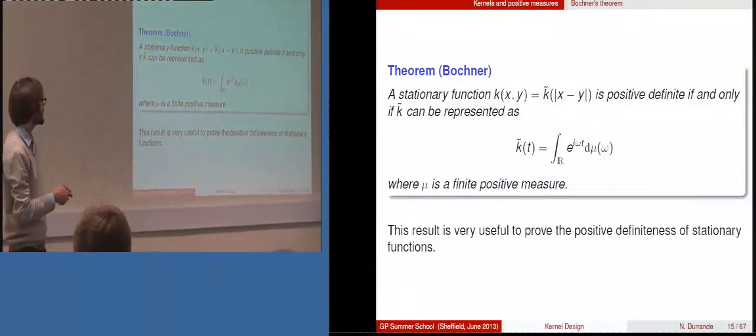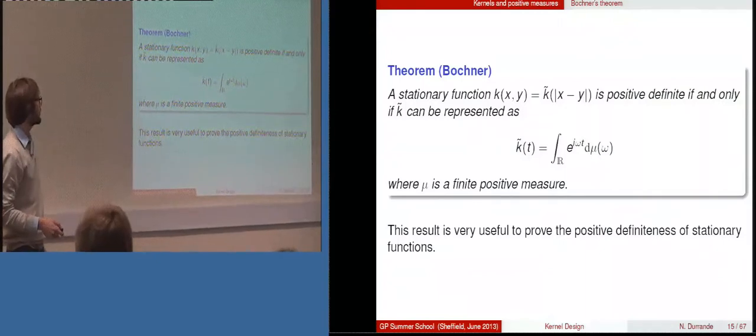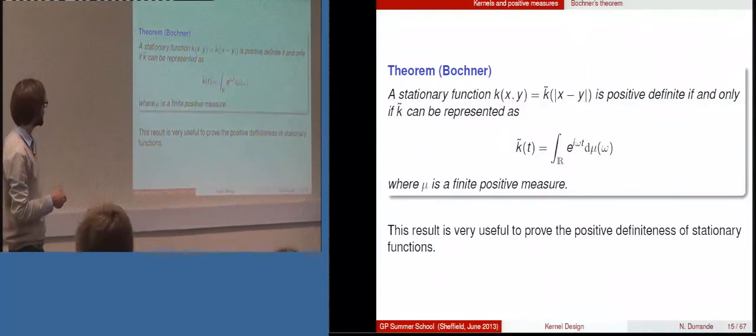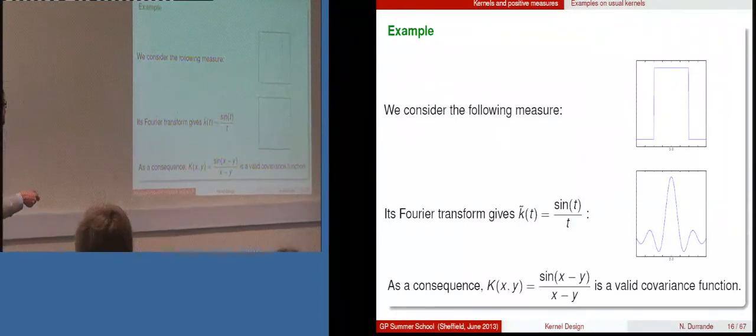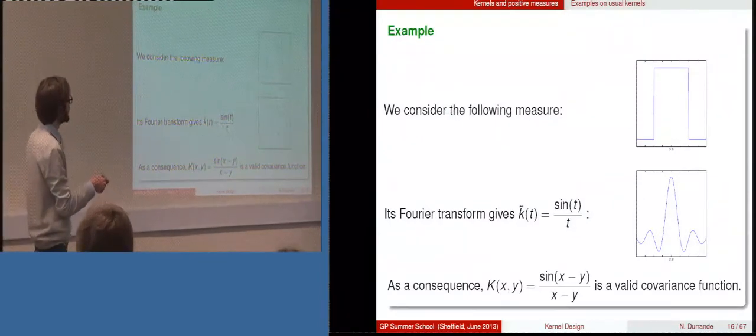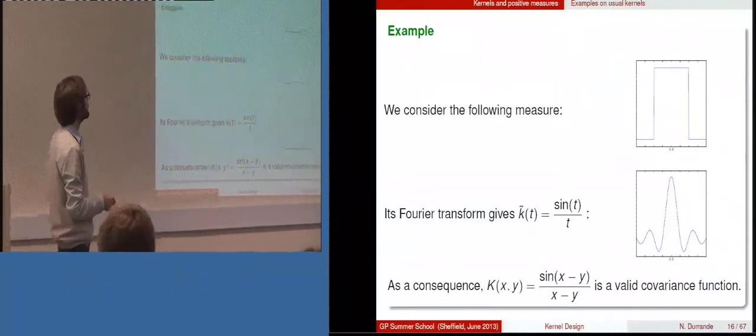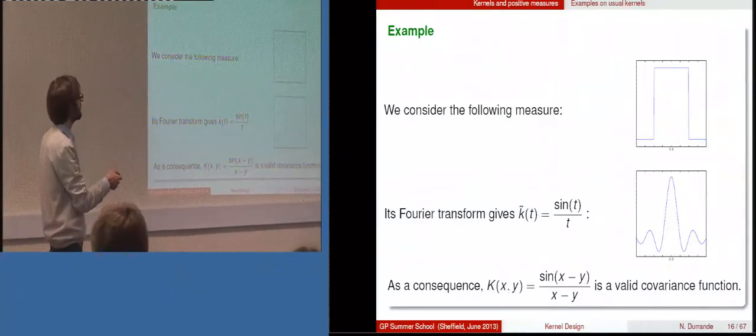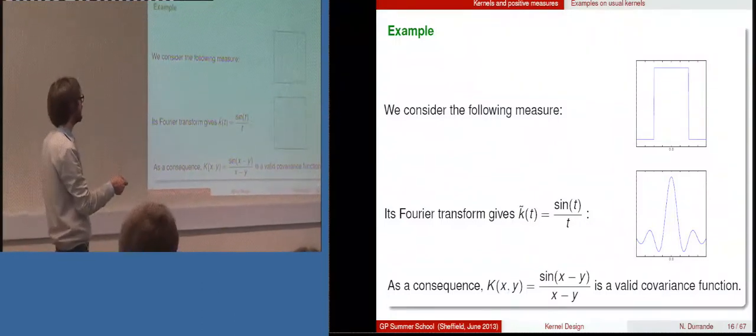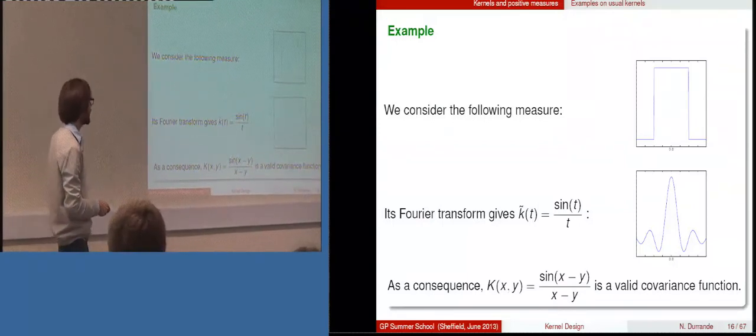This result is very useful to prove the positive definiteness of stationary functions. So here's an example. We take the step function that is centered around 0, and then we compute the inverse Fourier transform of it, and we obtain this function, the sinc function, sine t over t.